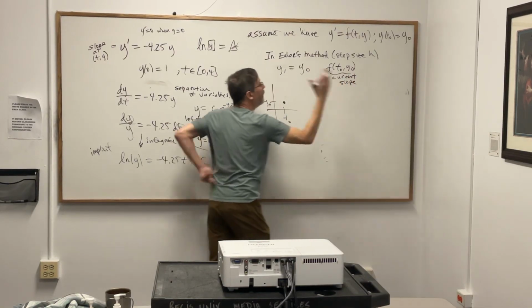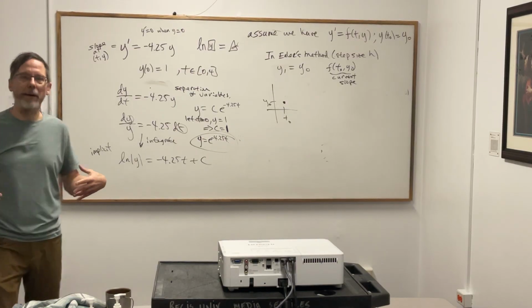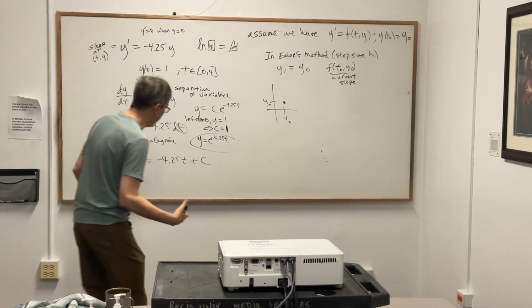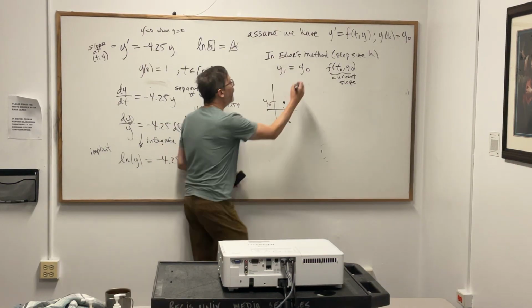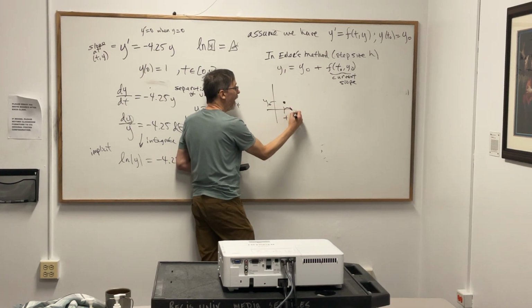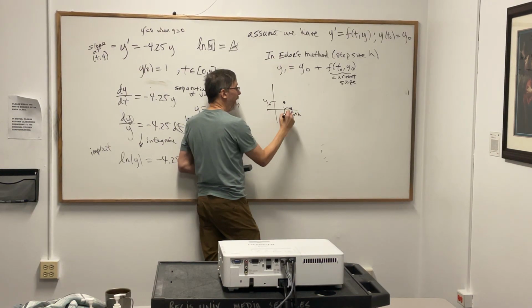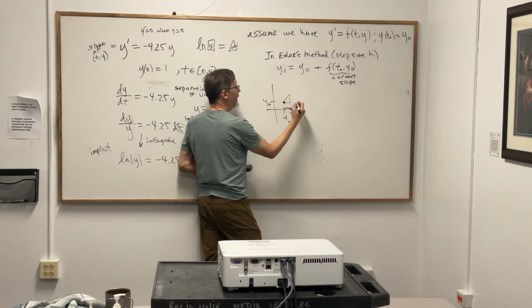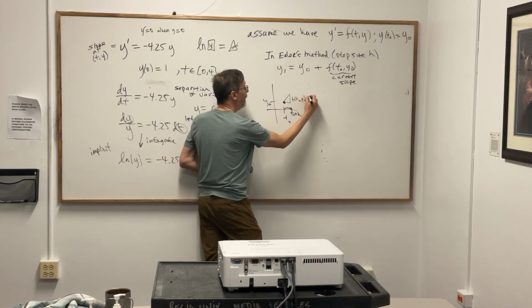I'm doing this just so we think about these things over and over again, so that they really become more natural and feel a little more familiar. I still have the step size that I want, and that is a distance of h. If I move over h, I have to move up the slope, f of t naught, y naught, times h.